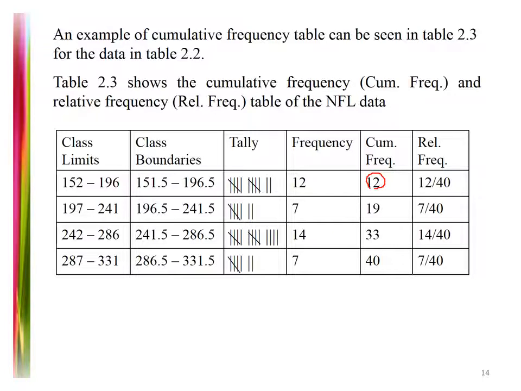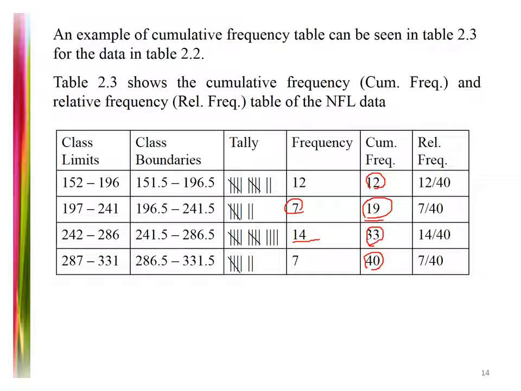So 12 plus 7 should be equal to 19. Similarly, the third cumulative frequency is the previous cumulative frequency plus the corresponding frequency: 19 plus 14 equals 33, and finally 40. In every situation, the last cumulative frequency should be equal to the total number of observations.